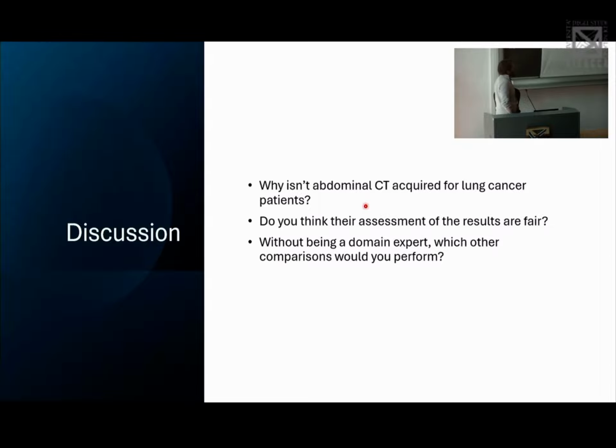About the fairness of their results, well, this is a very tricky question because it depends what you mean by fair. Of course, they are saying that their algorithm works really, really well, and the classification performance is 90% accuracy, however you define it, because it's pretty consistent amongst different metrics, which is for sure good.